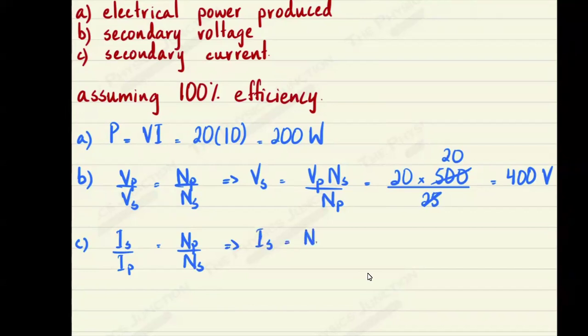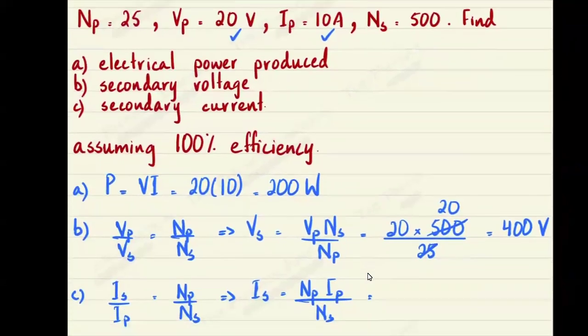That is Np Ip over Ns. So I just cross multiplied to get Is as my subject. So Np Ip, so 25 into 10 over Ns, which is 500. So that turns out to be 0.5 amperes.